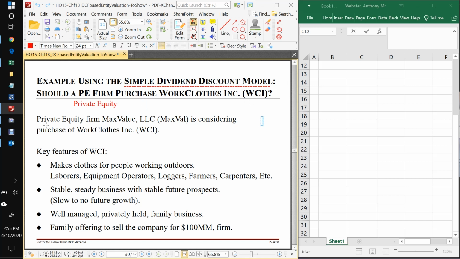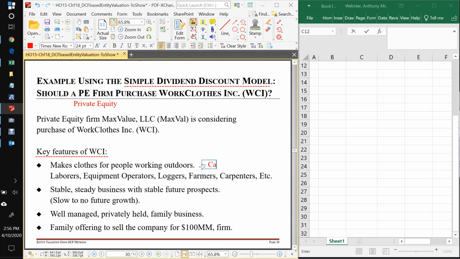Here's the situation. We've got a private equity firm called Max Value LLC, and it's considering purchasing WorkClose Inc. What are some of the key features of WorkClose Inc. while Max Value is looking at them? WorkClose Inc. makes clothes for people working outdoors: laborers, equipment operators, loggers, farmers, carpenters, etc.